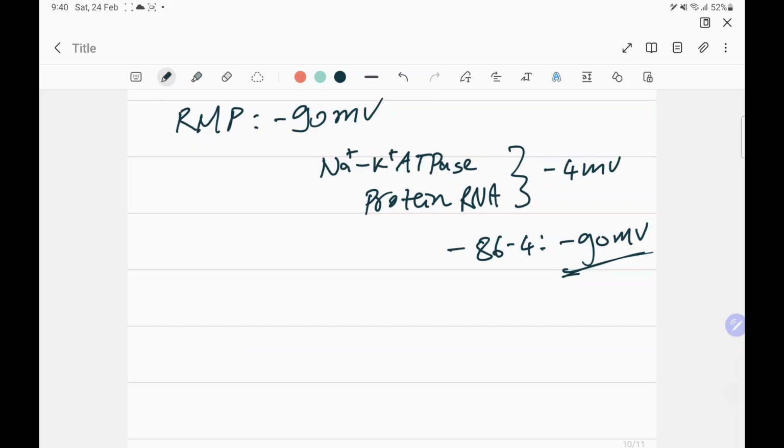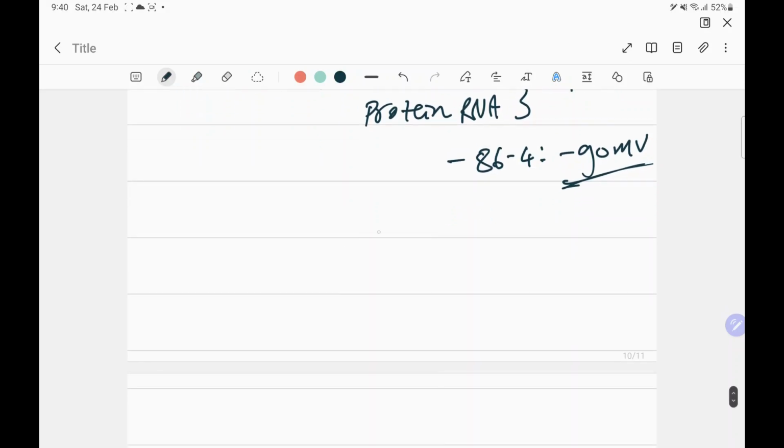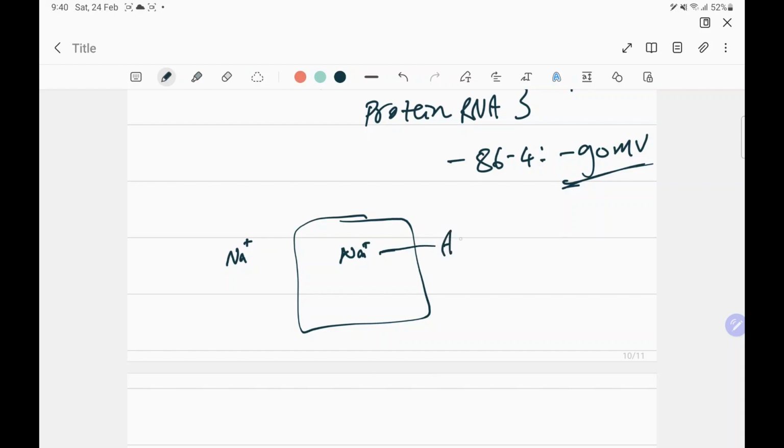Now, some other important things that can influence resting membrane potential. Well, what if you change the concentration of sodium? So imagine you make more sodium outside the cell versus inside the cell. Well, that would affect more of the action potential.